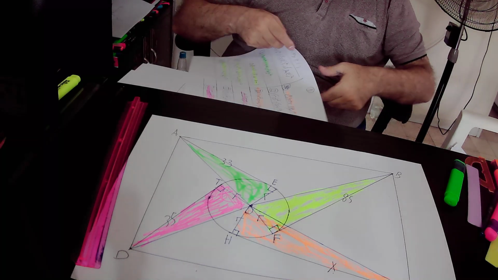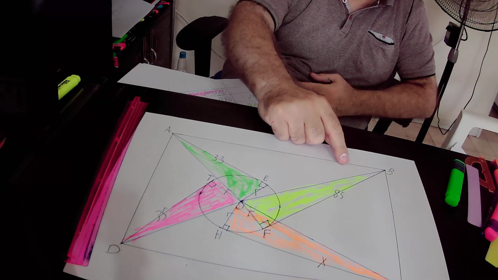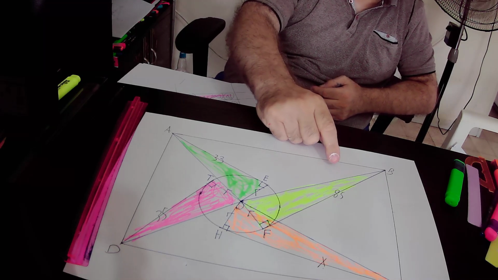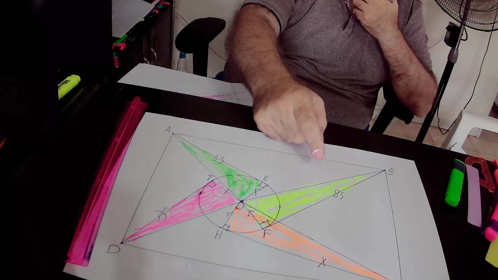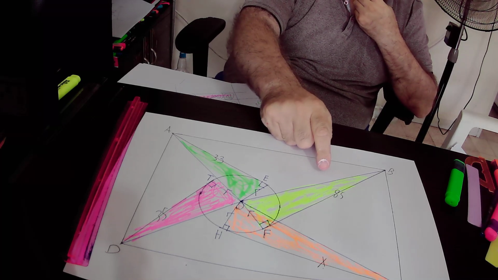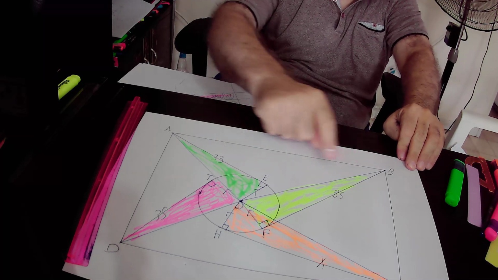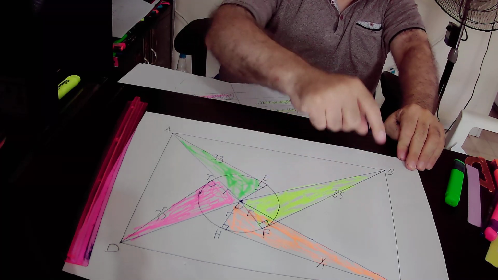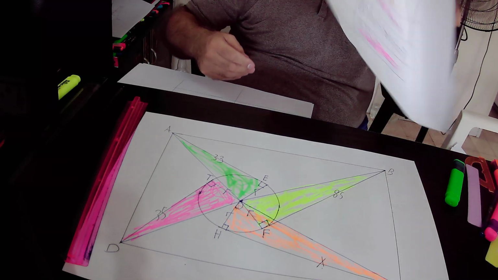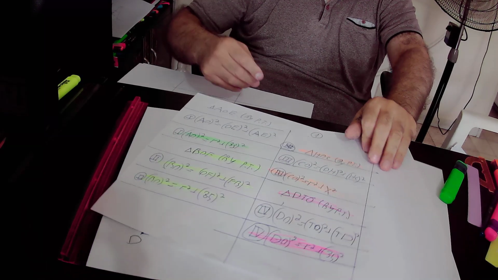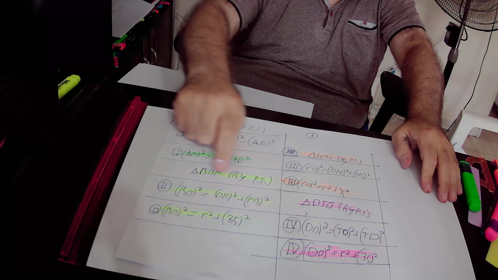Then we joined points O and B together by a straight line. In this way, we created the yellow right triangle, triangle OFB. In the yellow right triangle OFB, according to the Pythagoras theorem, OB square equals OF square plus FB square.